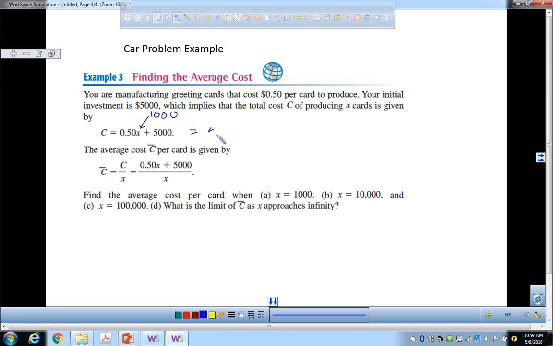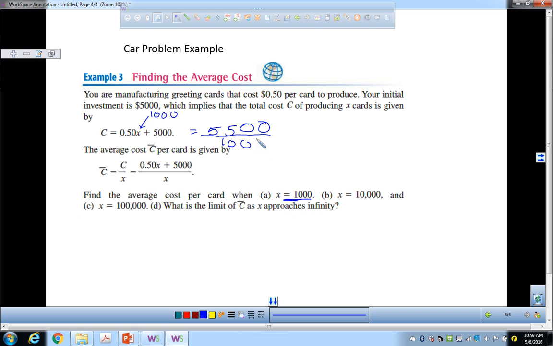So that'd cost you $5,500 to produce 1,000 cards. This equation gives you the average cost per card. So this is question A over here.